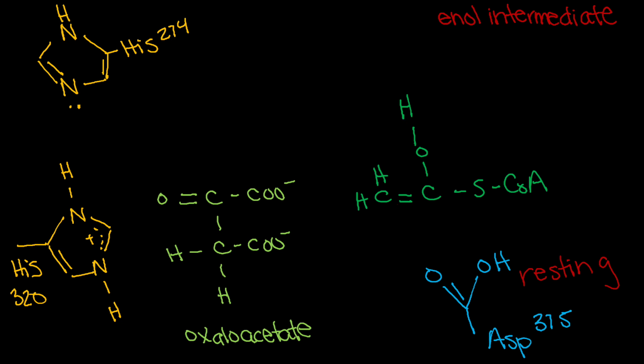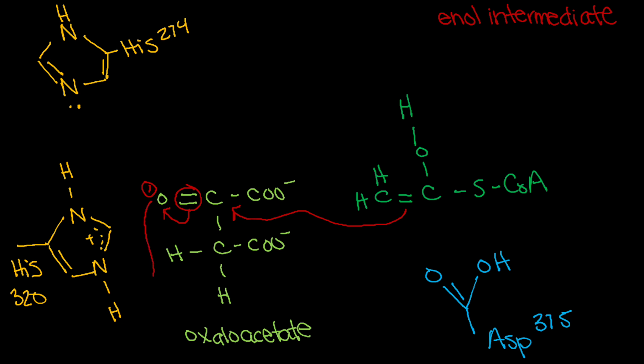So in the next step of this mechanism, the double bond of carbon-carbon will nucleophilically attack this carbon on oxaloacetate. So this causes this pi bond to break, and 2 of the electrons will go to the oxygen. So oxygen will gain a negative charge, and it will have an extra lone pair.